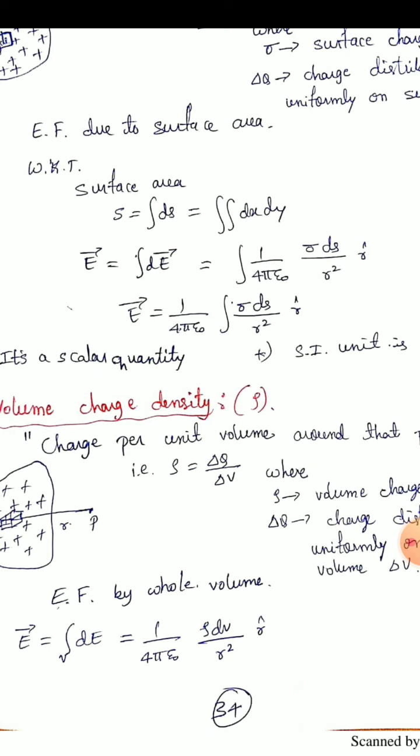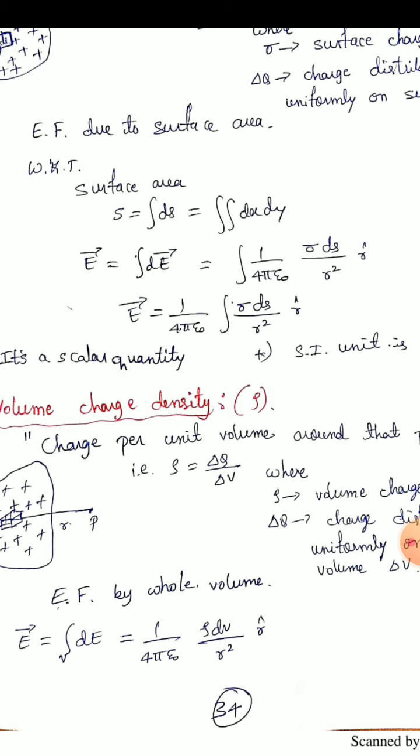The electric field by the whole volume will be E equals integral of dE, that is given by 1 divided by 4 pi epsilon naught, rho dV divided by r square. What is the term we represented earlier? That is 1 divided by 4 pi epsilon naught, Q divided by r square, for the electric field formula.